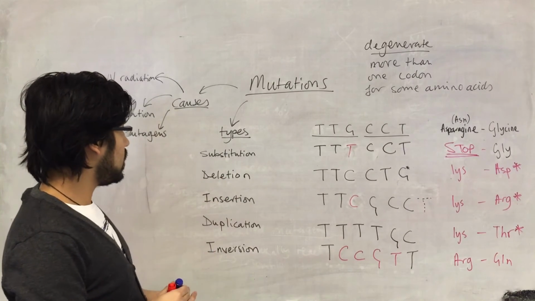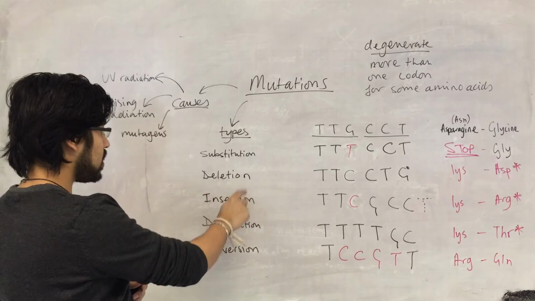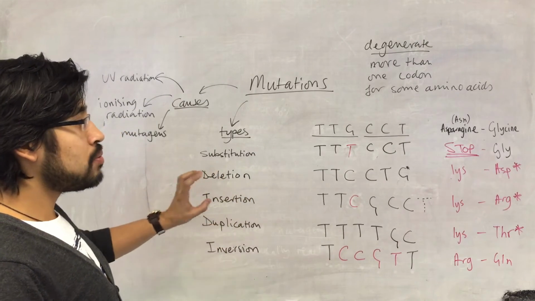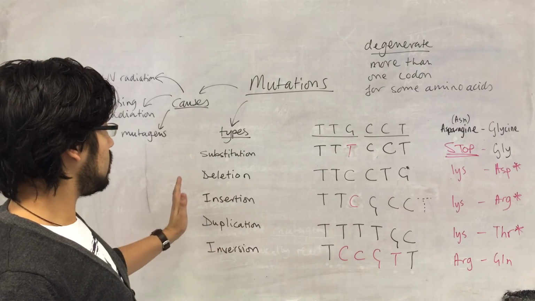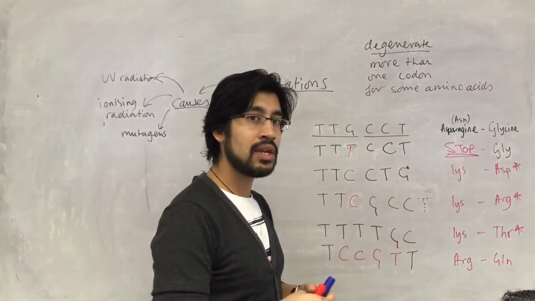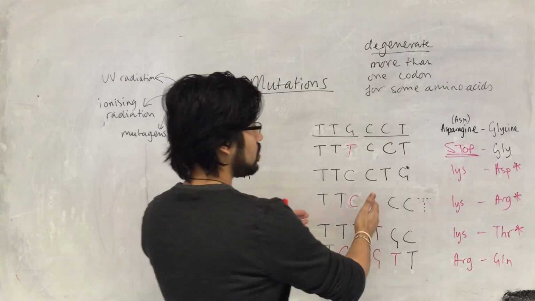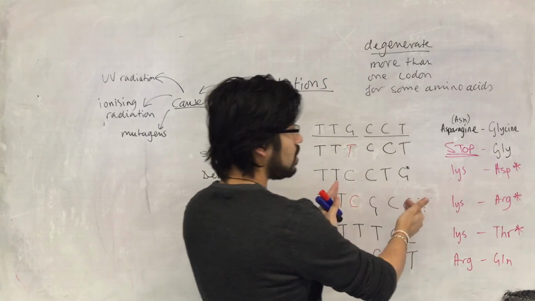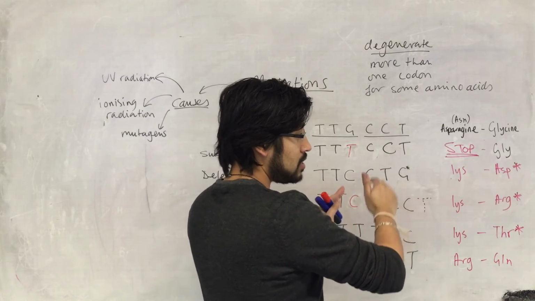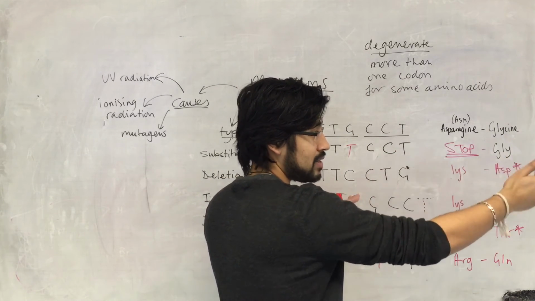Now, deletions, insertions, and duplications, let's group them all together, because what we've seen is that they can result in a frame shift, which causes a change in the reading frame from the point of the mutation, which could potentially change every single amino acid from that point.